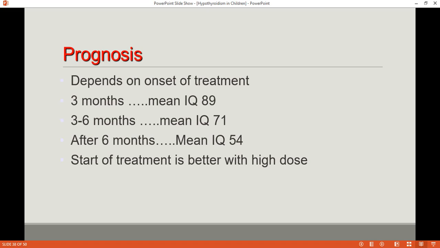So start treatment with a high dose, and then adjust and lower the dose when the clinical symptoms are resolved, the child is growing well, there is no side effect, and the reports are near normal. Then we will decrease the dose.